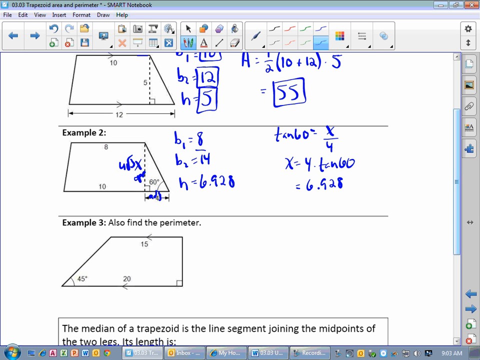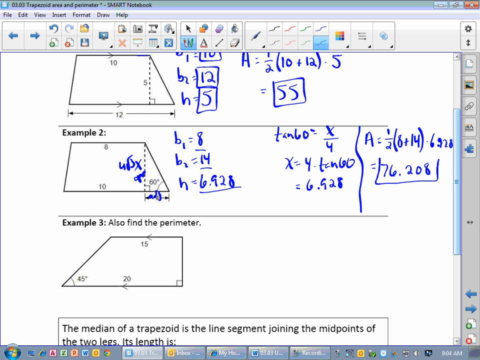Okay, so we've got base, base, and height. And so we've got area is 1/2 base 1 plus base 2 times the height of 6.928. And so we get 76.208.